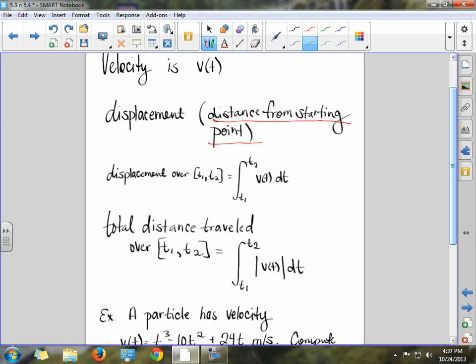So think about velocity, right? Velocity is the rate of change of distance. So if I find the antiderivative of velocity over an interval, it's just going to tell me how far my distance is from my starting point, or from T1. The total distance, it's going to tell me the distance between T1 and T2.